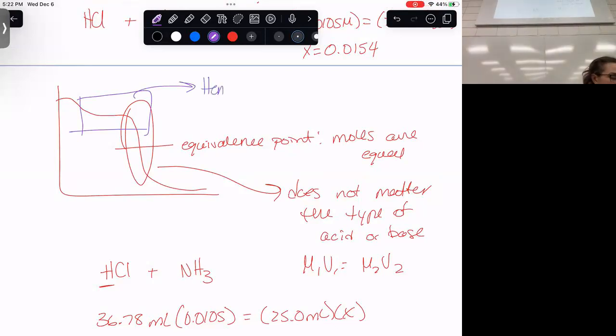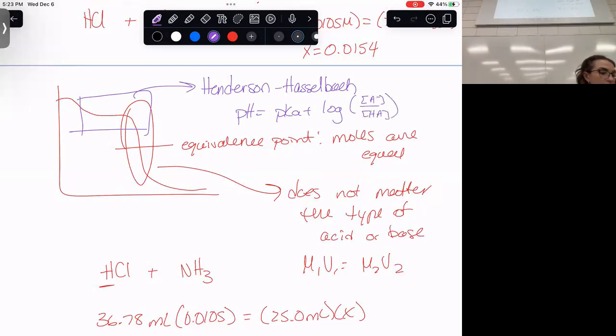This would be the Henderson-Hasselbalch equation. What is the Henderson-Hasselbalch equation? A minus over HA. Yep.